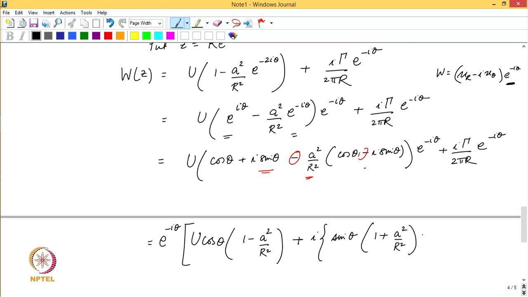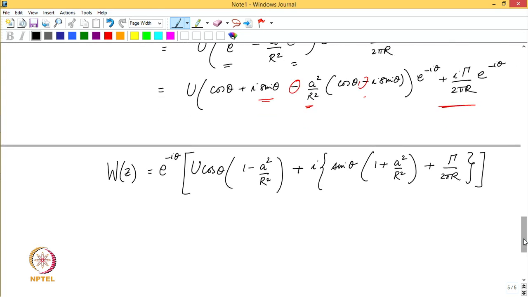So, we will get sine theta (1 plus a square by r square), and then we will also have this contribution from this side, gamma by 2 pi r. We can close this bracket, and that is it. That is what we should get, right. This is W, the complex velocity for this situation. So, this should be (u r minus i u theta) e to the power minus i theta.